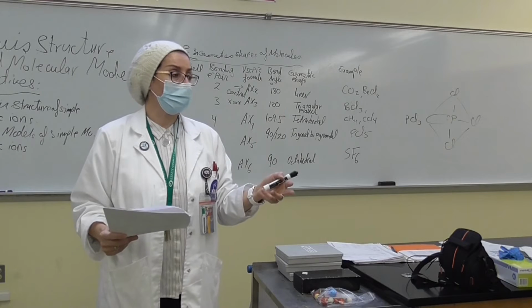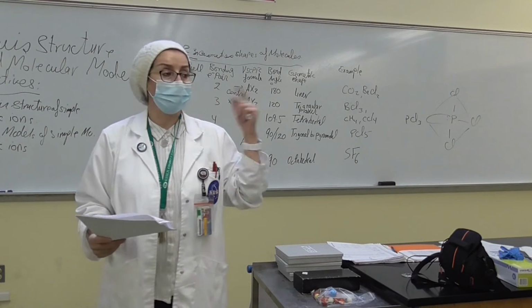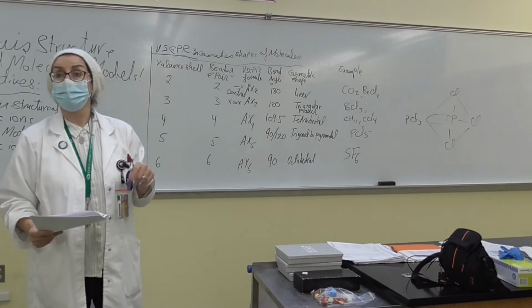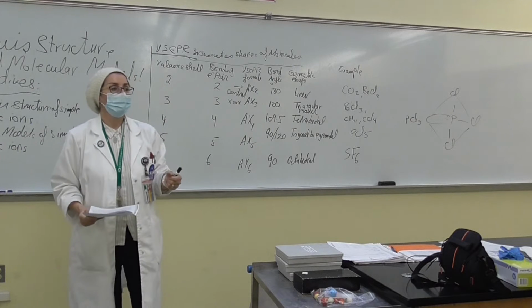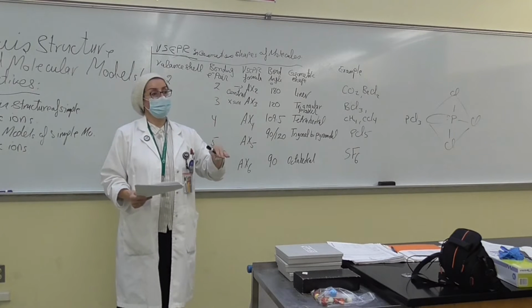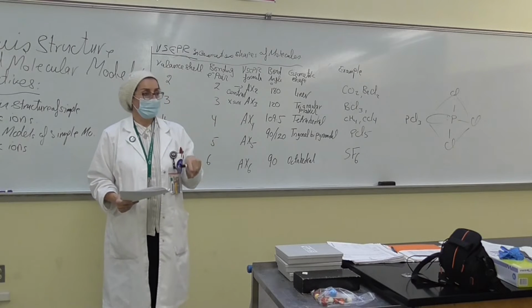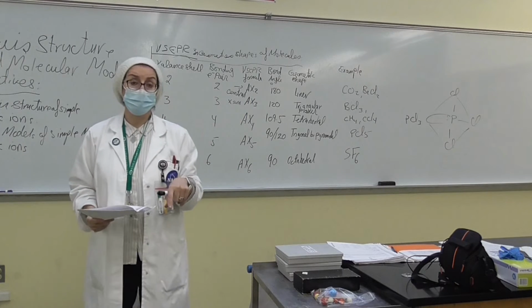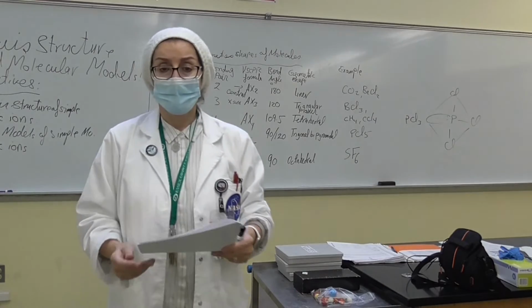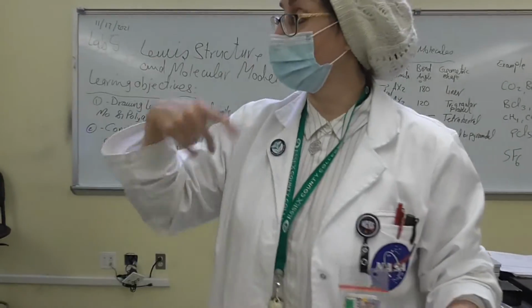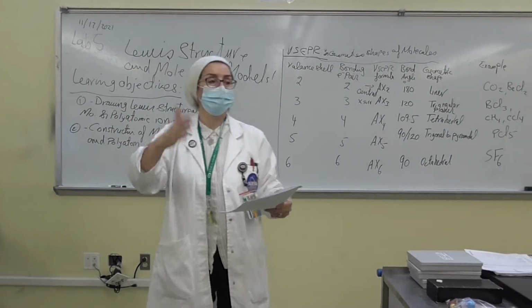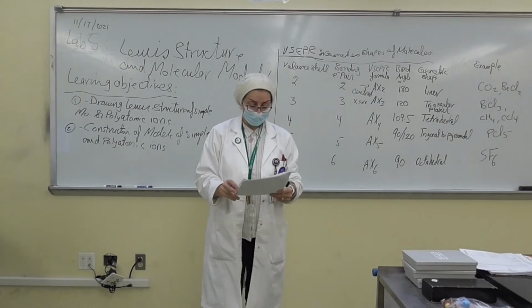And if you have a polyatomic ion, you'll have a minus, meaning we're going to add to the total number of electrons, right? If it is a negative, in other words, if it is an anion, you add electrons to the total number of electrons of the molecule. If it is positive, then you subtract, okay? So that's when you have a polyatomic ion.